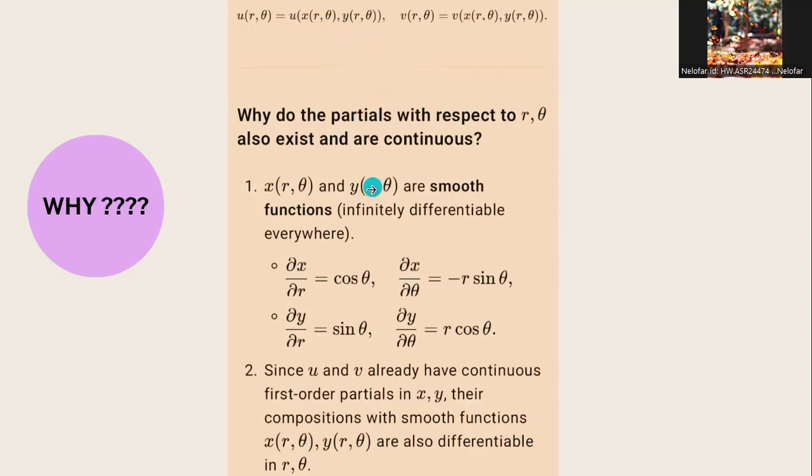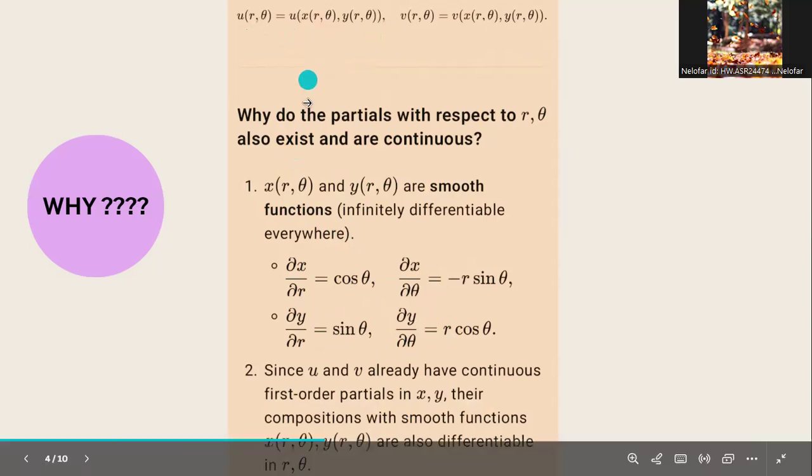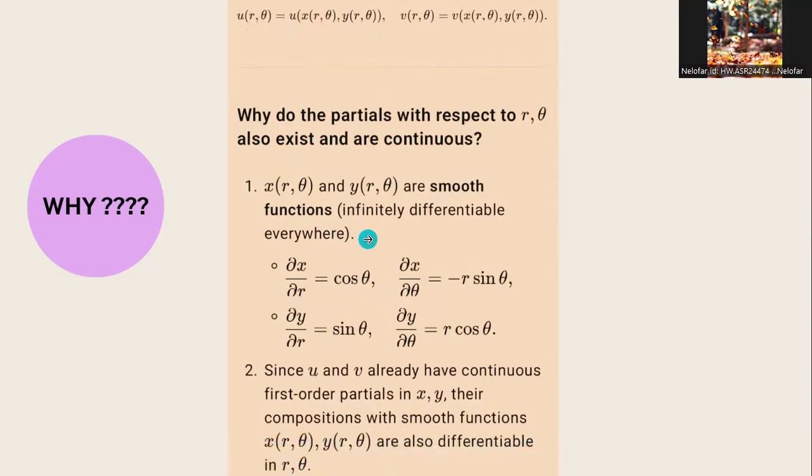And as before, we know that the partial derivatives of x and y with respect to r and theta are also continuous, and we already know that u and v have continuous first order partial derivatives in x and y.